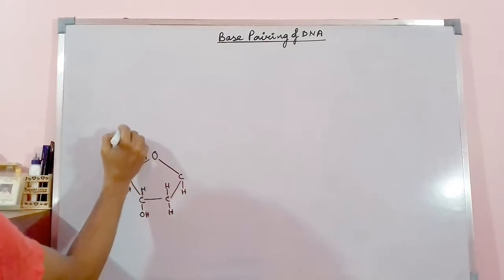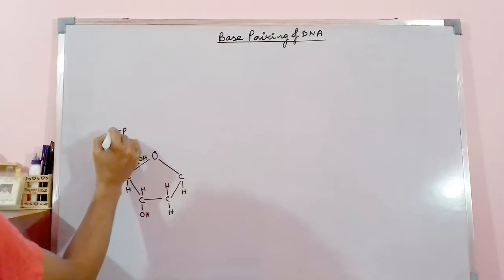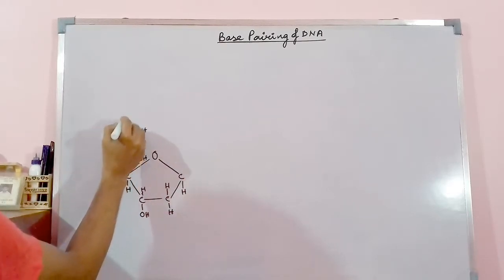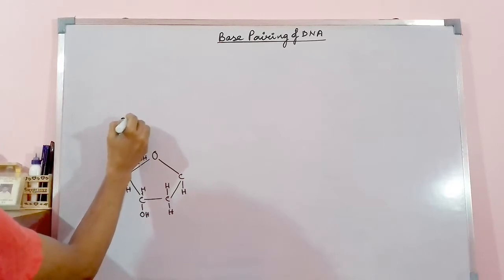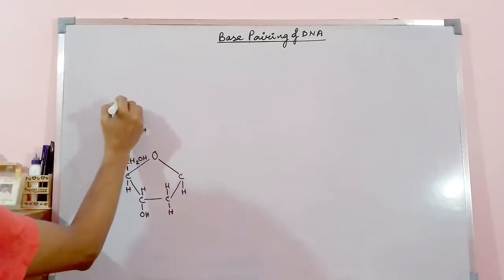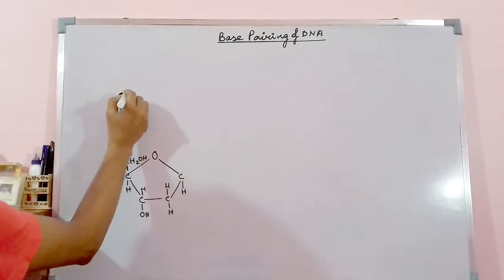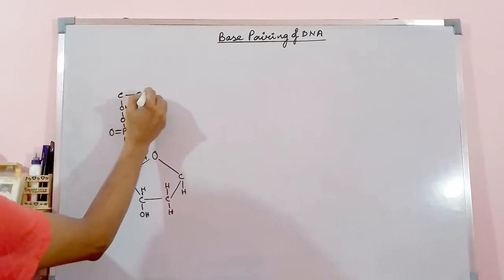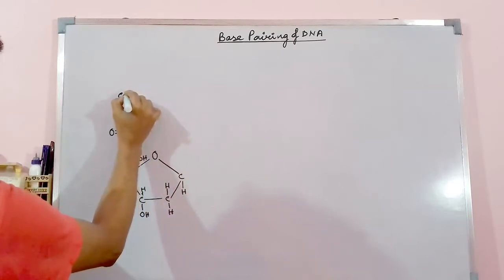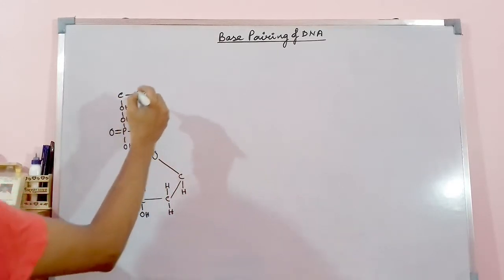OH, the phosphoric acid, double bond O, OH. Along with this OH, there would be this OH bond present, which will be linked to the carbon of the preceding ribose sugar.